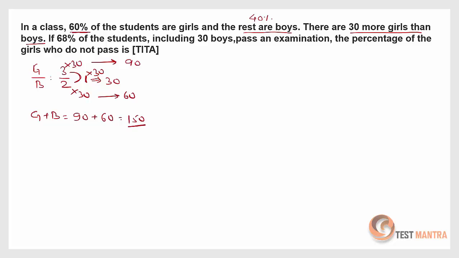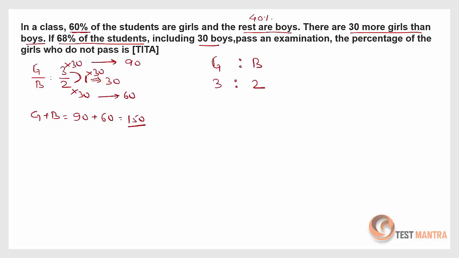Next, if 68% of the students, including 30 boys, pass the examination, find the percentage of girls who did not pass. So let's try to find out what percent of girls passed the examination. The best way to work is with alligation, because I know the ratio between girls and boys is already 3:2, and the total number of boys is 60.